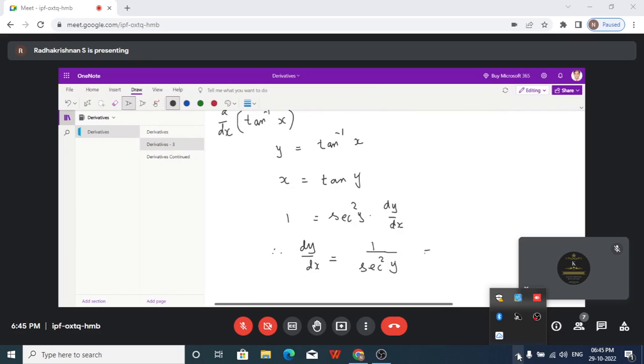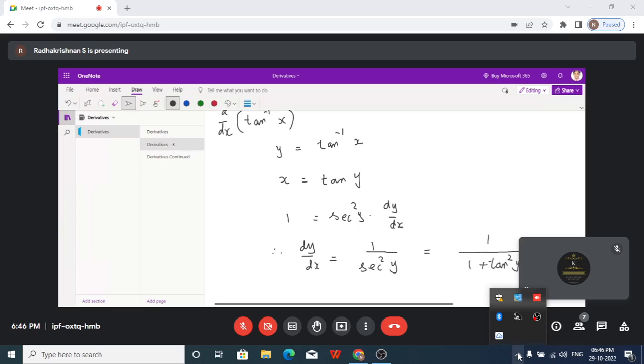So how can we do it? Secant square y is equal to 1 plus tan square y. Correct? Always secant is bigger than tan. Okay?